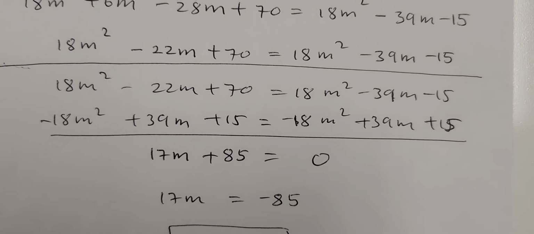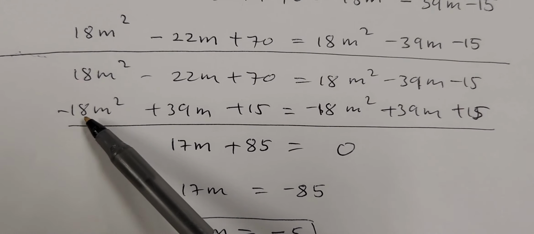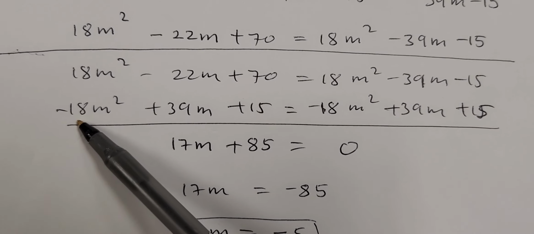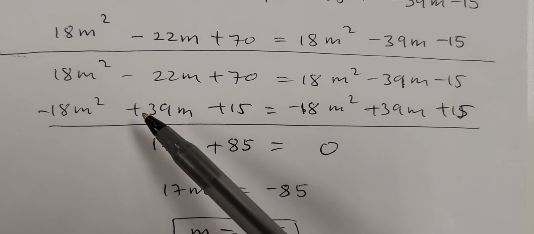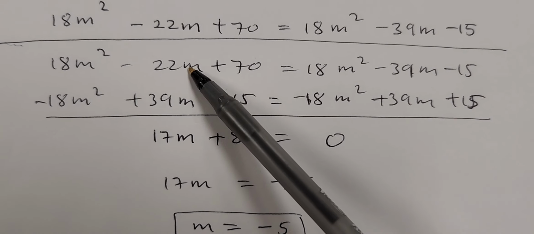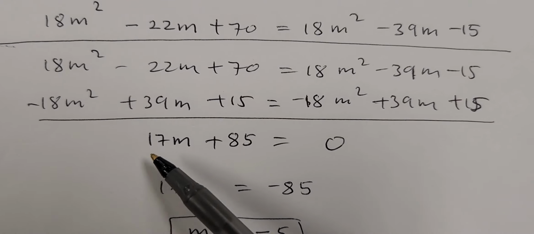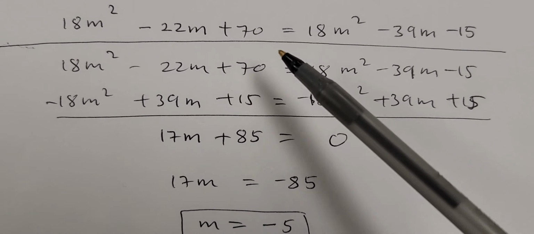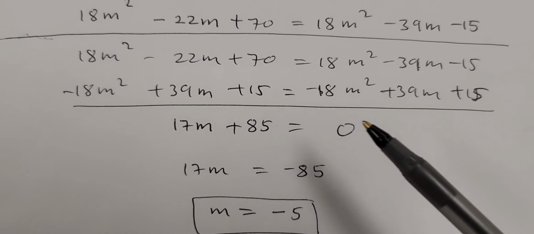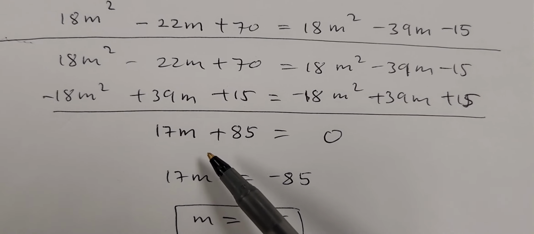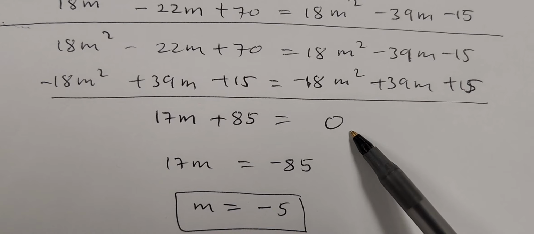So this entire right side is now equal to 0. The 18m squared and negative 18m squared cancel out. Negative 22m plus 39m gives me positive 17m, and 70 plus 15 gives me 85. So 17m plus 85 equals 0.